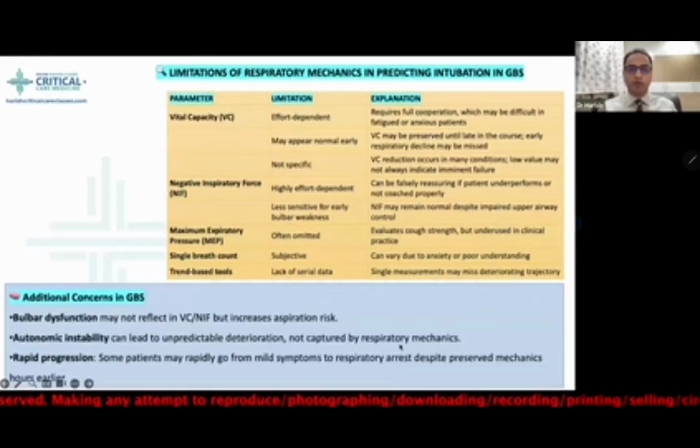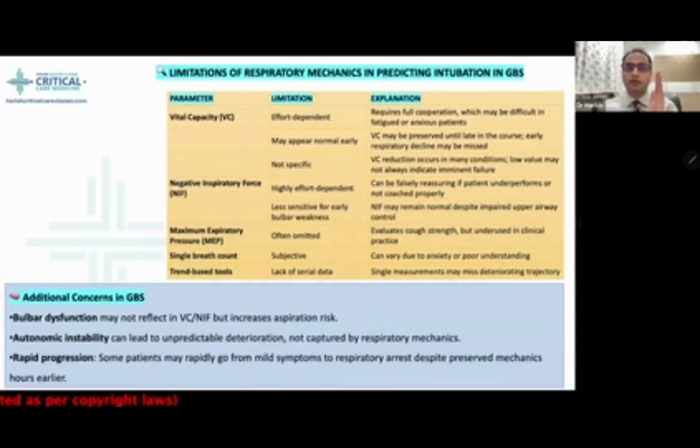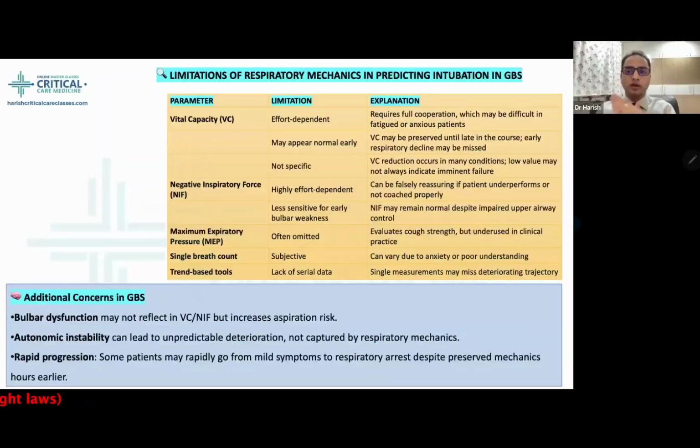That is one of the drawbacks if they are already having autonomic instability. Rapid progression: some patients may rapidly go from mild symptoms to respiratory arrest despite preserved mechanics in the early hours. Respiratory mechanics may look normal one week, and the next week the patient may progress to rapid worsening of symptoms. That you need to remember.